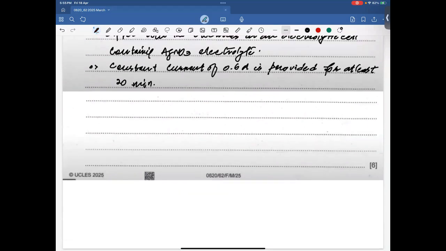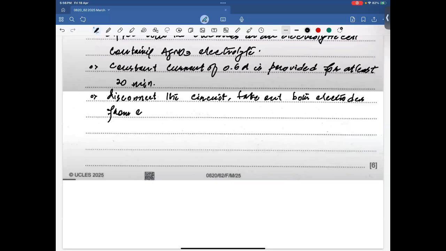Okay, after 20 minutes, disconnect the circuit, take out the electrodes from the electrolyte. Measure the mass of cathode by using electronic balance.